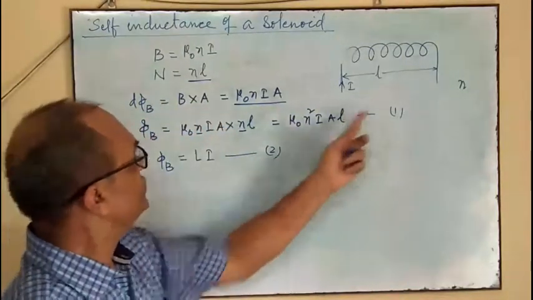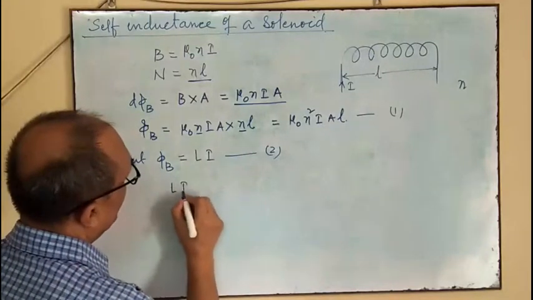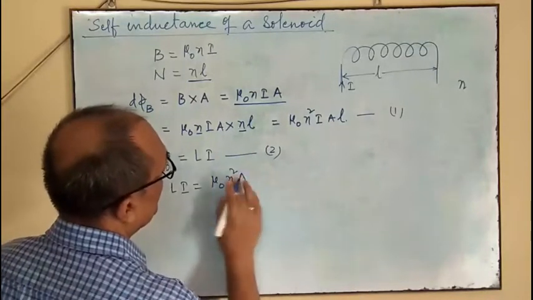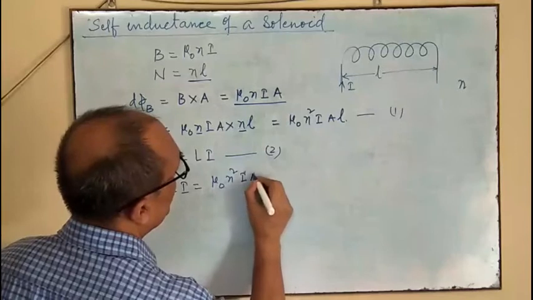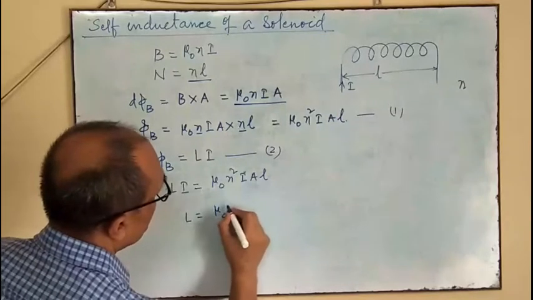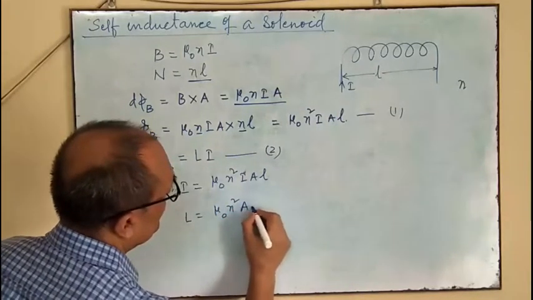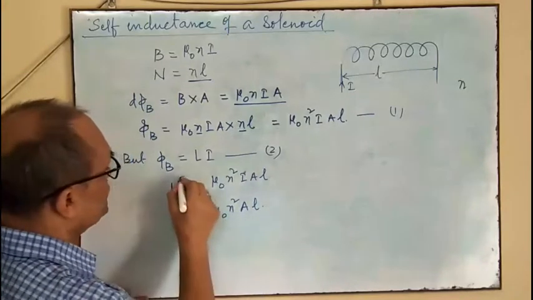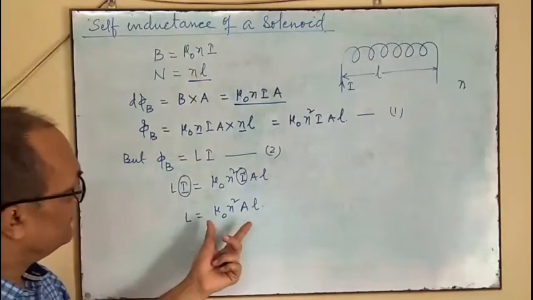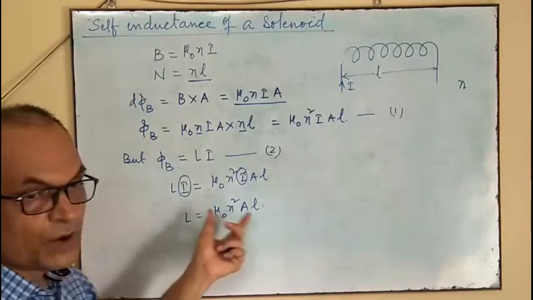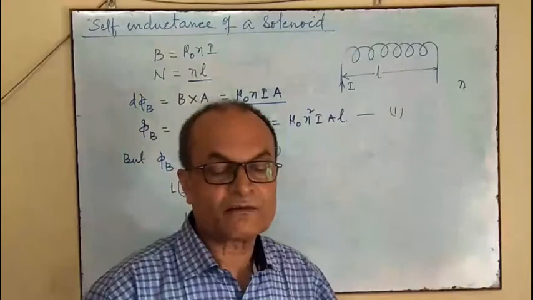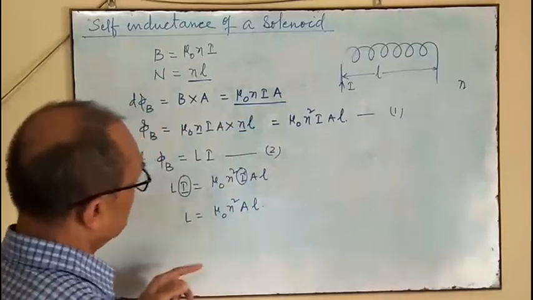If we compare these two, then Li equals mu naught n square i A L. Then L equals mu naught n square A L, cancelling the i on both sides. So this is the self-inductance of the solenoid.